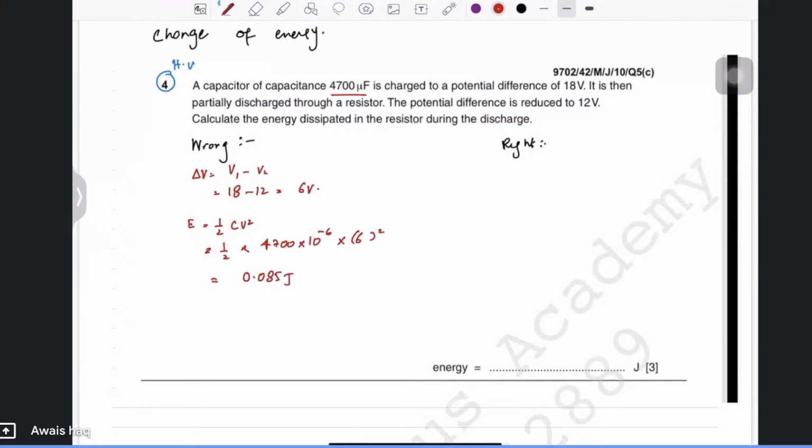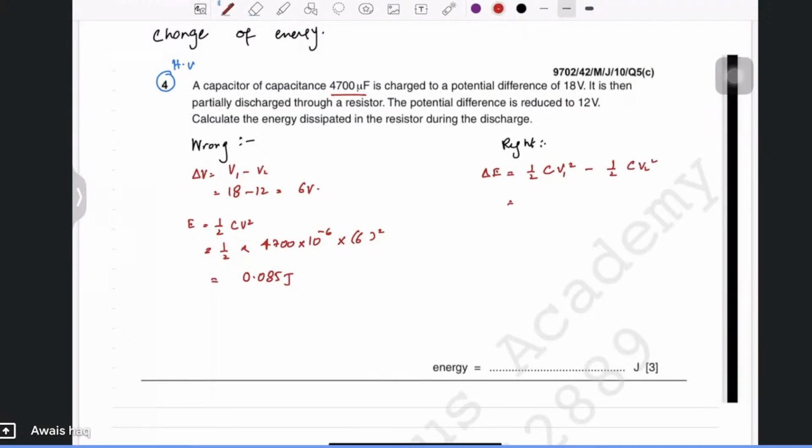But actually, this is wrong. Why? When you find the change in energy, you have to do half CV1 square minus half CV2 square.